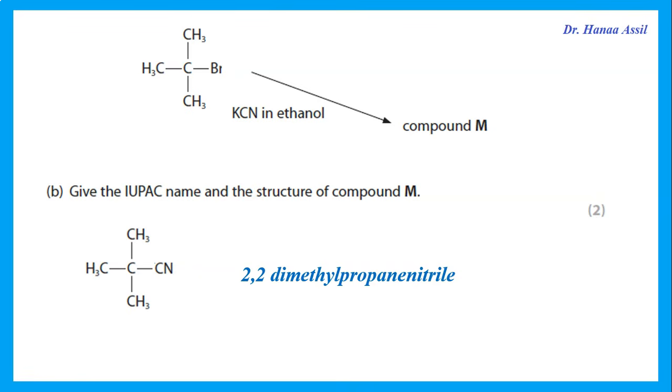So I have 3 carbons with a nitrogen compound, so this is propane nitrile. The methyl groups up and down are substituents, and they're both on carbon number 2 because we count the CN carbon as carbon number 1. So this is 2,2-dimethylpropanenitrile.